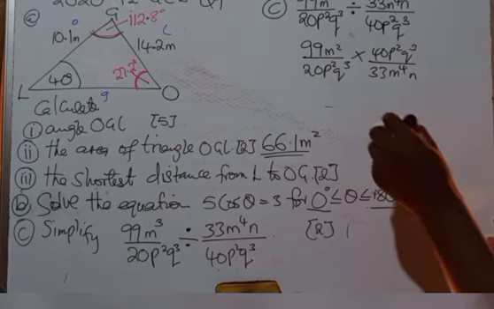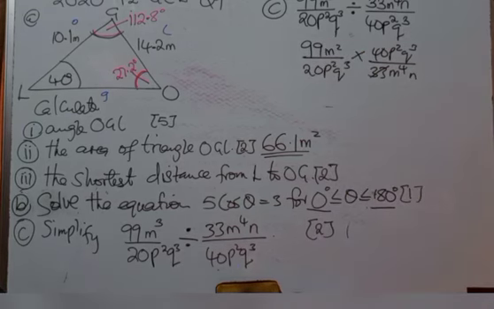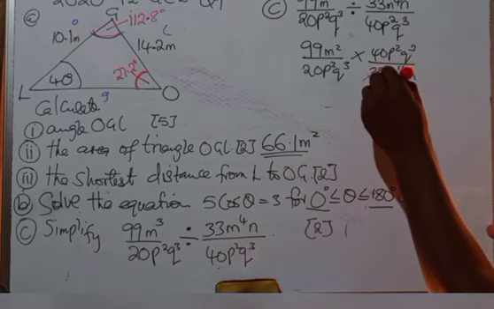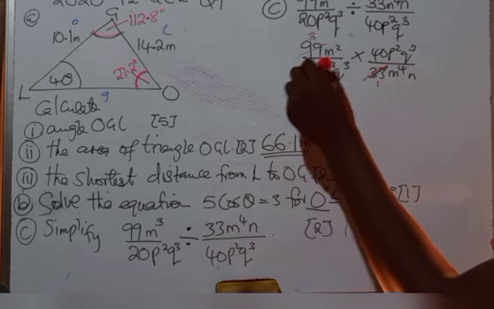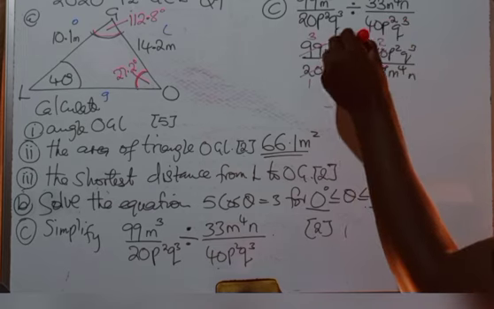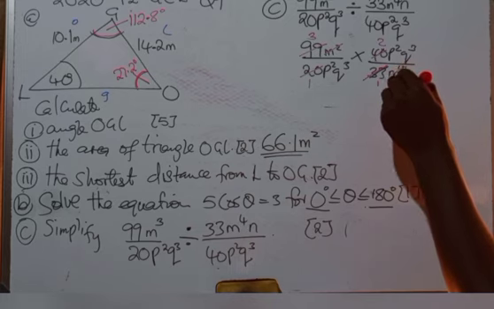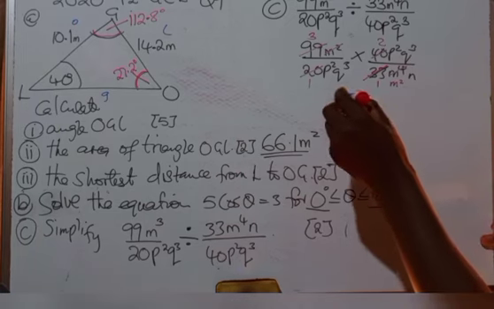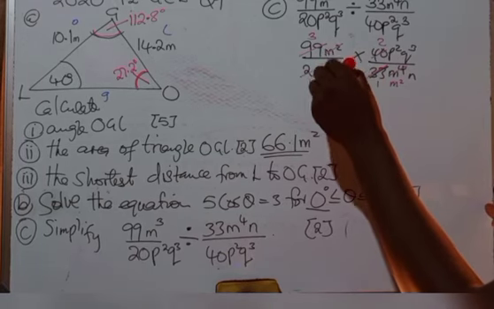We are now going to say 33 into 99 goes 3 times. 33 into 33, 1, into there, it goes 3. We have 20 into 40, it goes 2. What else? We have 2m there, we will remain with m squared. We have 2p, 1 there.